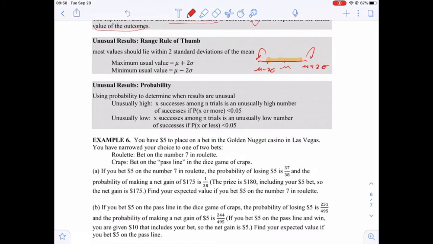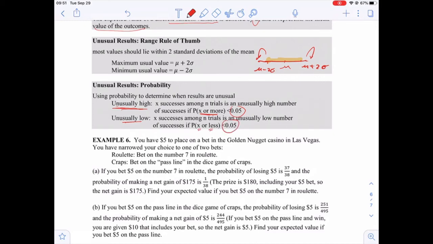So for probability, we have the results are unusually high. X successes among n trials is an unusually high number of successes if the probability of X or more is less than 0.05. It's unusually low if the probability of X or less is less than 0.05.